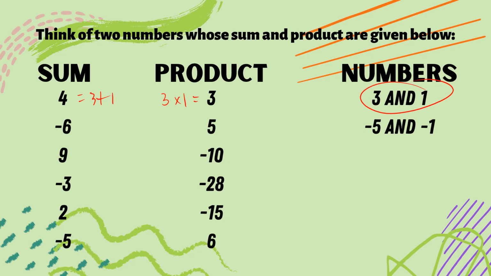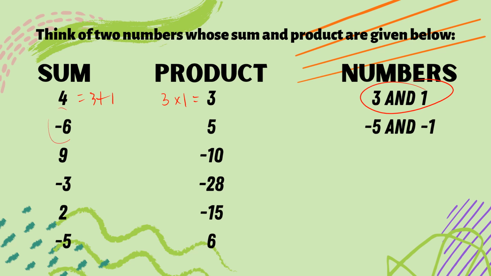So, yun yung mga possible options, no? So, sa product naman, kailan ba tayo makakakuha ng positive na product? Makakakuha tayo ng positive na product kapag nag-multiply ka ng parehong positive or nag-multiply ka ng parehong negative.